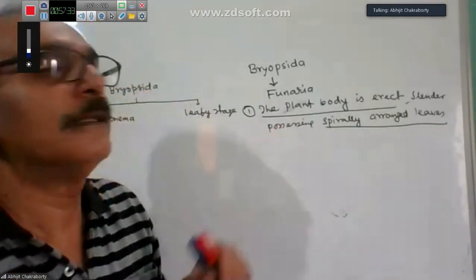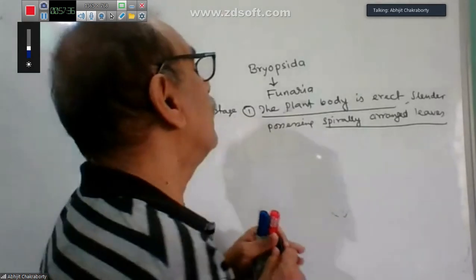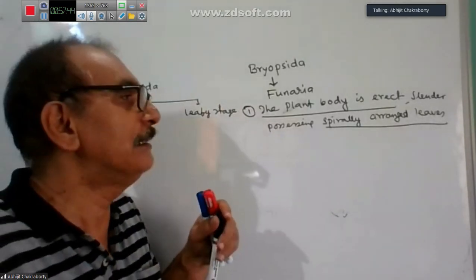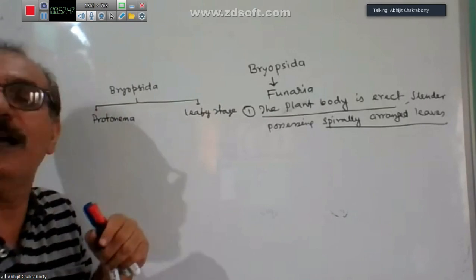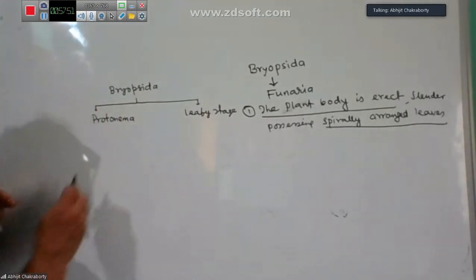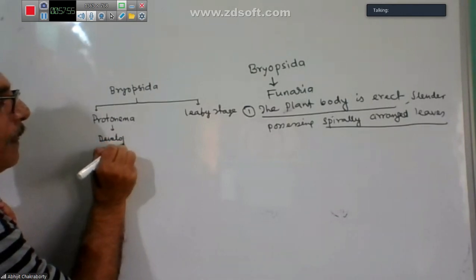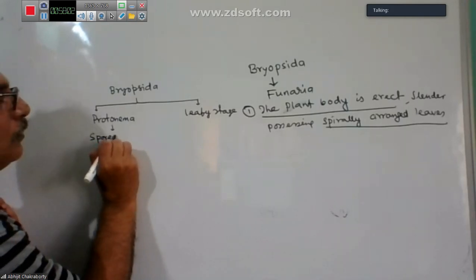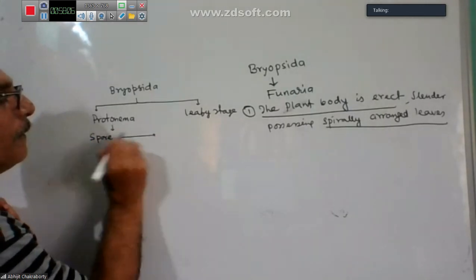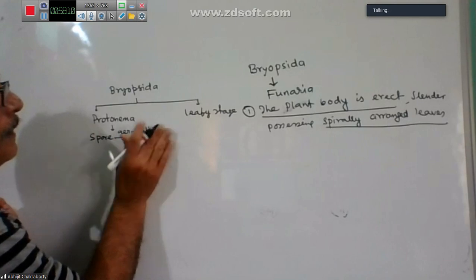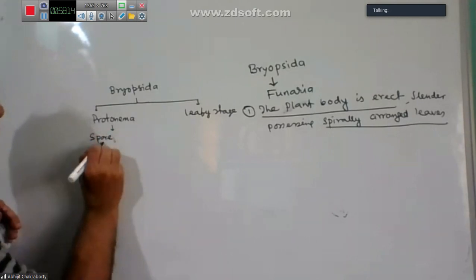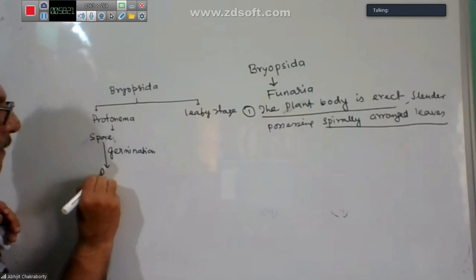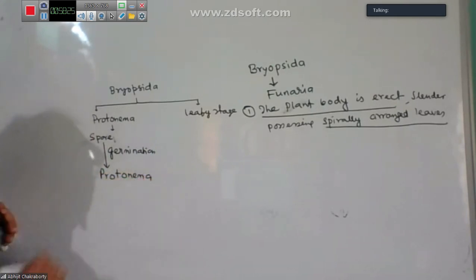Plant body is erect, slender, possessing spirally arranged leaves. So what is found in Bryopsida? The protonema. It is developed from spores on germination.